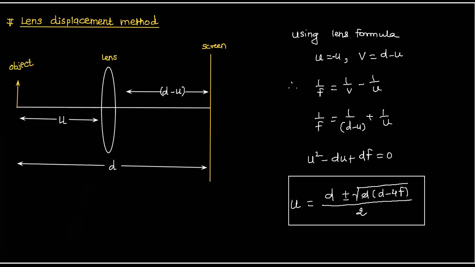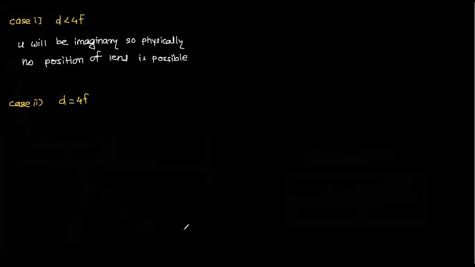So 0 into this d is 0, under root 0 is 0. So you will get u is equal to d by 2. So u will be equal to d by 2, which is equal to 2f.